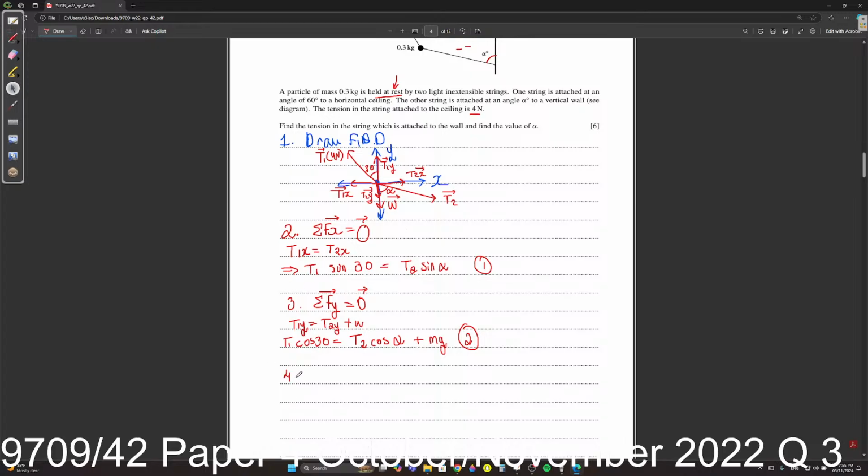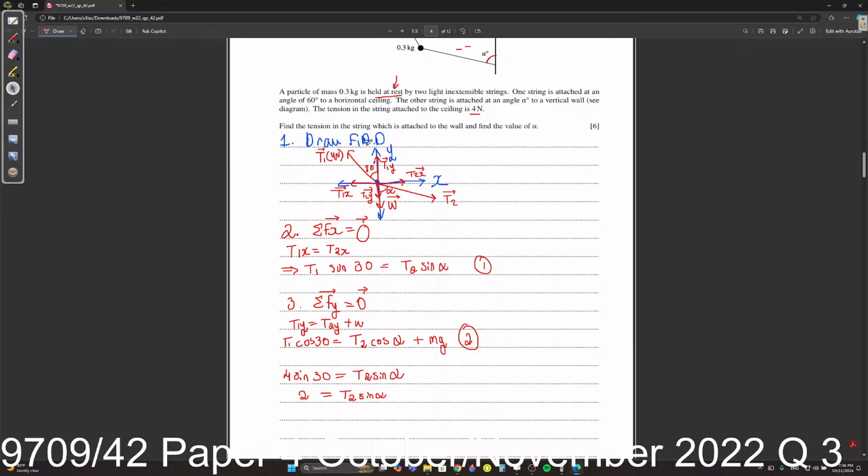So 4 sine 30 is equal to T2 sine alpha. So you're going to get 4 sine 30 is equal to 2. 2 is equal to T2 sine alpha. Okay, we finished substituting our first one.